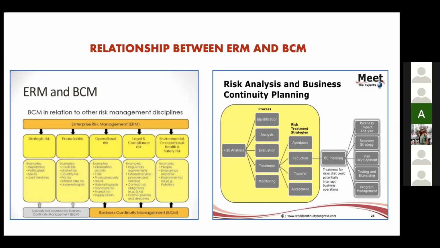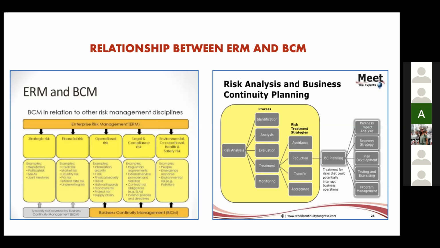So the next diagram, on the right hand side, we can see risk analysis and business continuity planning. In risk analysis, there is a process that my other presenter already described: identification, analysis, evaluation, treatment, and monitoring.